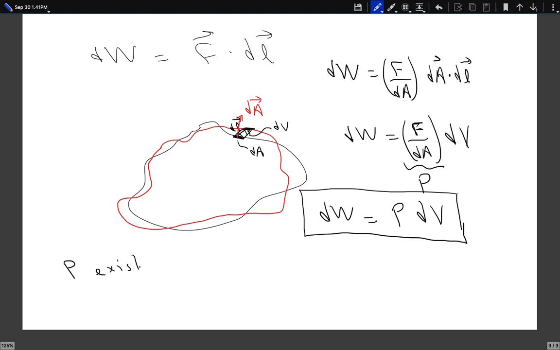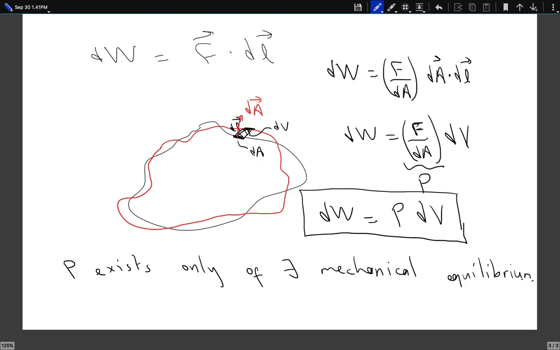The pressure exists only if there exists mechanical equilibrium, because pressure is basically an average quantity.